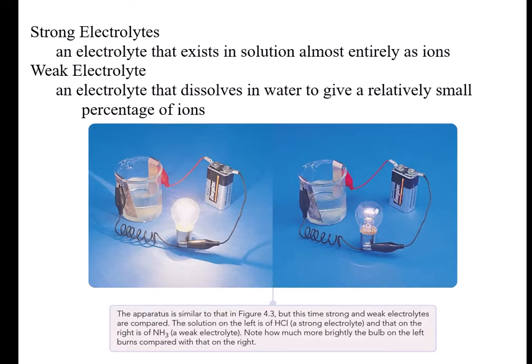So if I have an electrolyte, and I have strong electrolytes and weak electrolytes, a strong electrolyte consists almost entirely of ions, whereas a weak electrolyte only gives a relatively small part of ions. So the difference is in how I write the reaction. I put NaCl, which I've already said is a strong electrolyte, into water, then I get Na+ and Cl-.